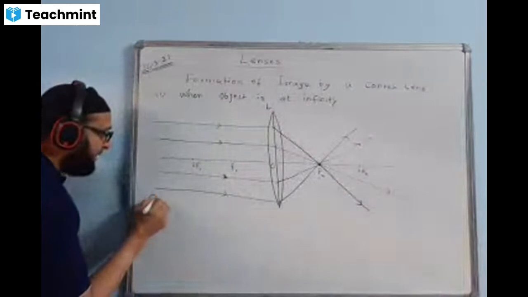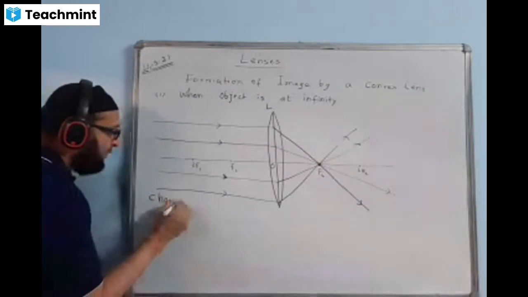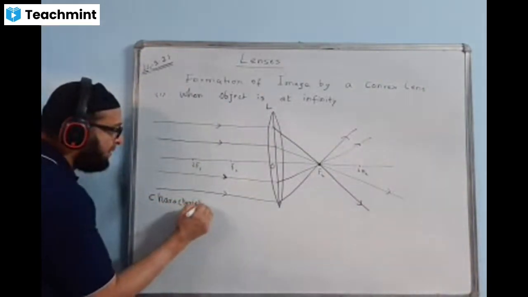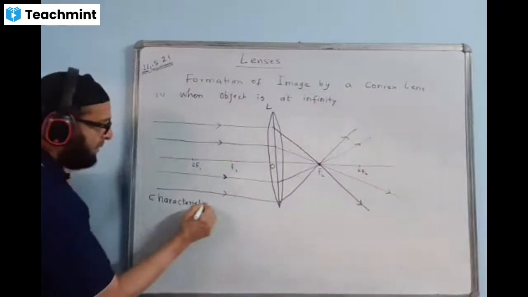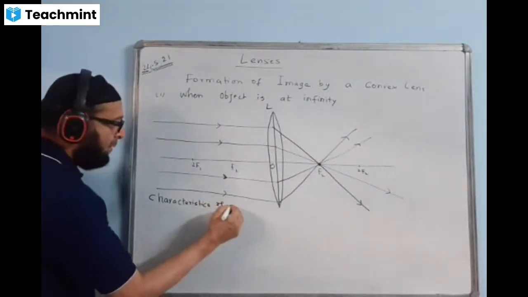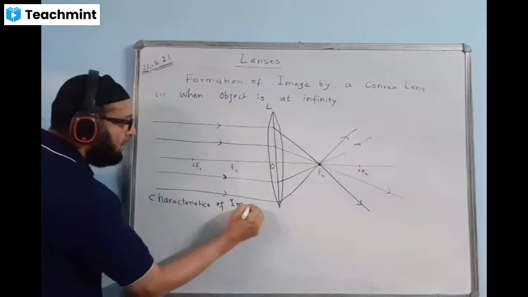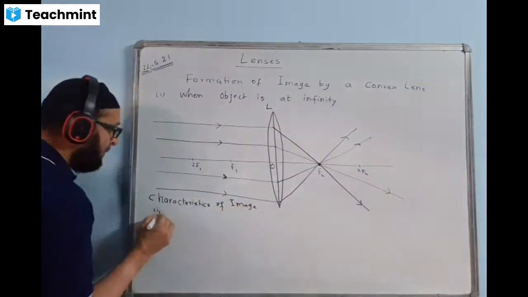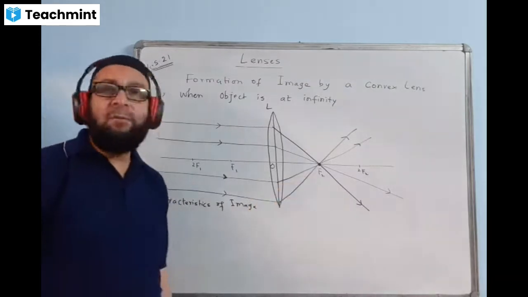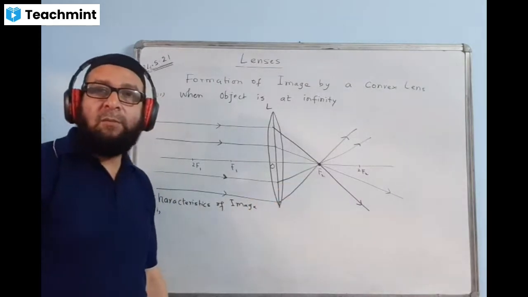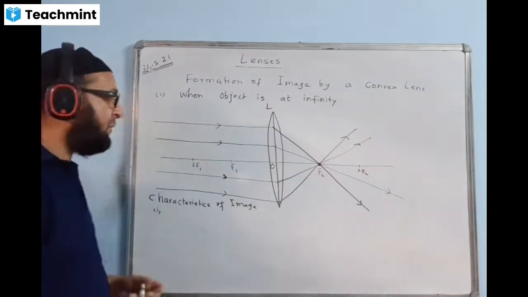Now write down the characteristics of the image. Number 1, first we have to mention where the image is formed, the location or position.